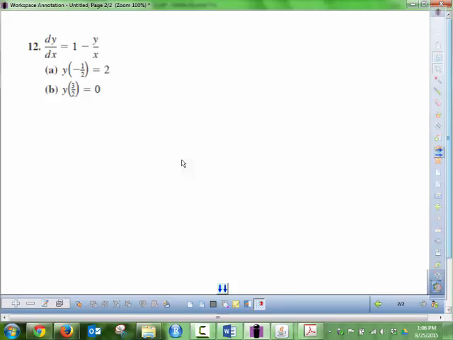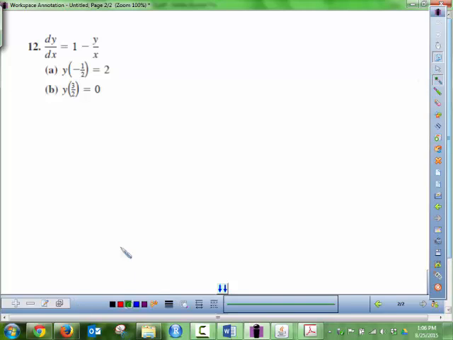So our dy/dx is equal to 1 minus y over x. And without doing much work, let me just pretend I'm doing this by hand. I would have my x,y point that I'm going to match up on a graph, and my dy/dx slope as my output. So that's an input and output.